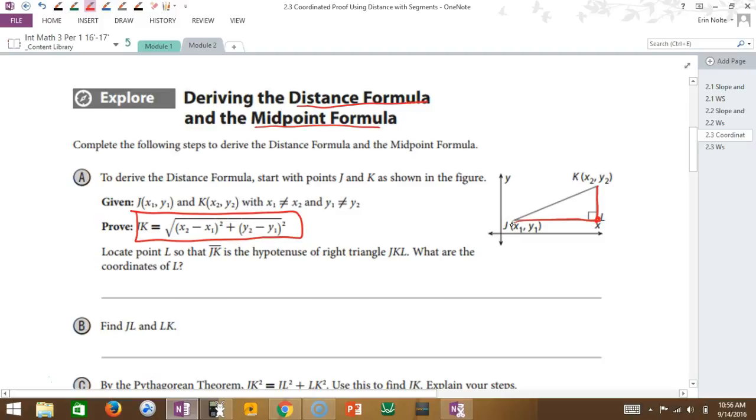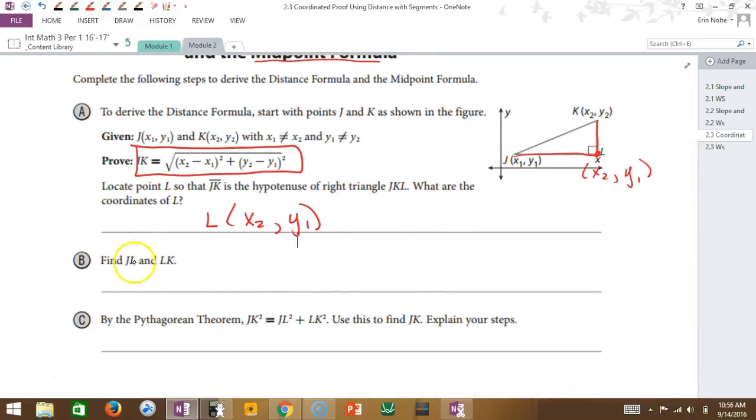Okay, so the coordinates of this. Okay, so the x value is the x value of your x2, and the y value, how far up, is your y1. Okay, so point L is x2, y1.